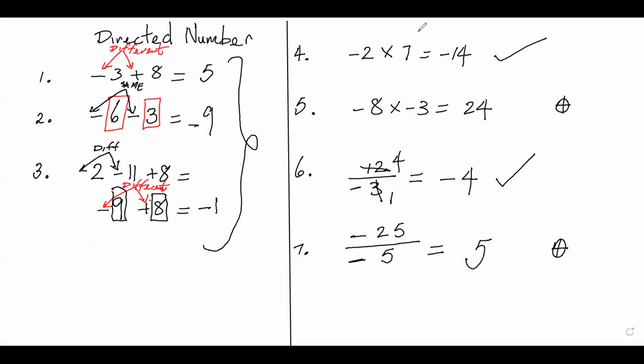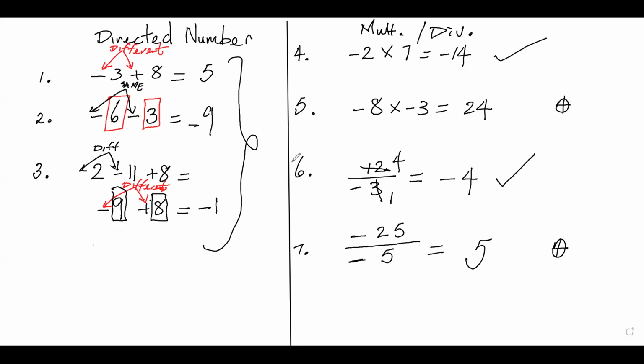But for multiplication and division, the rule is slightly different. When you're multiplying a negative number by a positive number, even though one is bigger, you're still getting a negative sign.